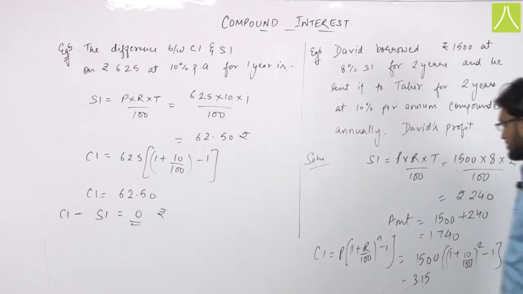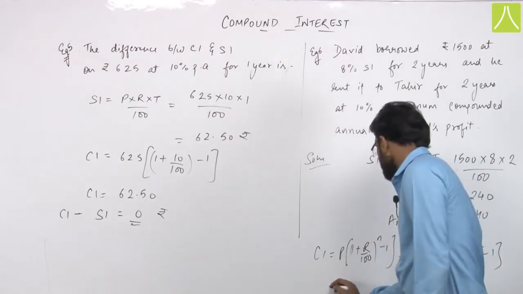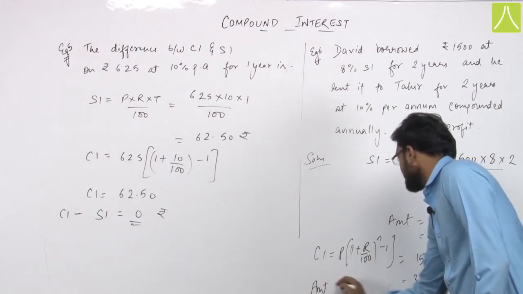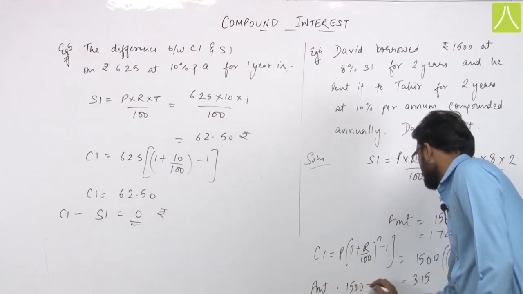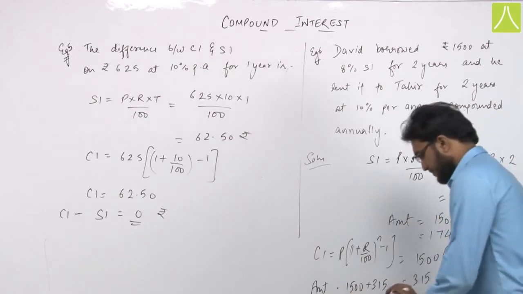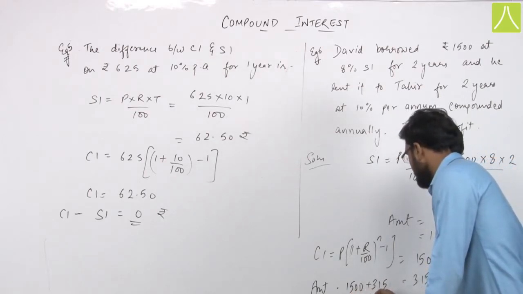Here the amount David will be getting is 1500 plus 315, which is equal to 1815.